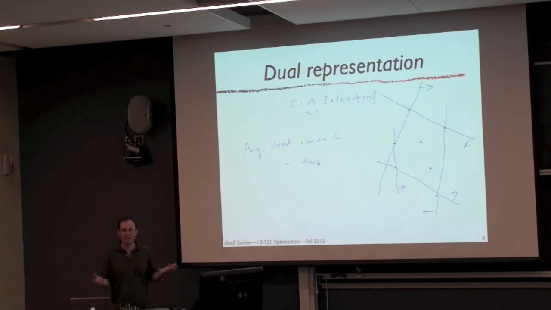So I can represent it as the intersection of some number of half spaces, possibly infinitely many. So for example, the circle example again, I can take one half space that's tangent to the circle at each point on the border. That's infinitely many of them, but the circle is equal to their intersection. Yeah. You can do it with only countably infinitely many.